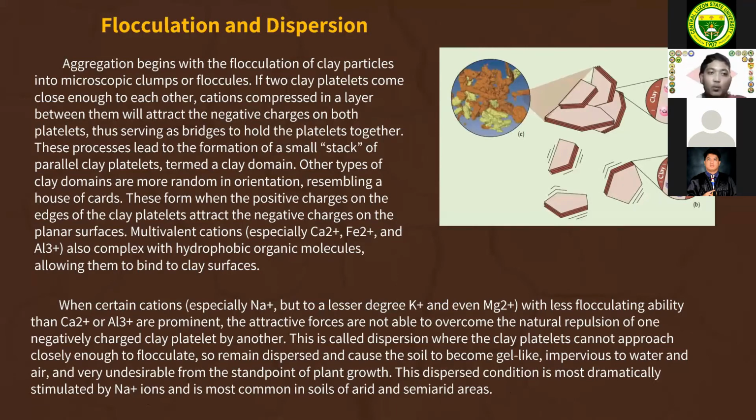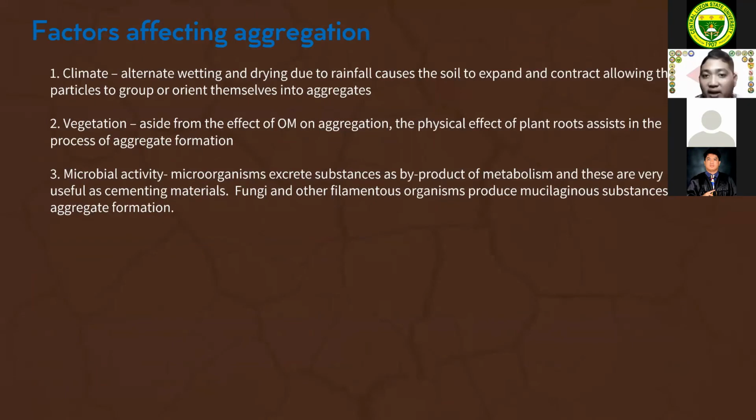And what are the different factors affecting aggregation? So we have climate. Alternate wetting and drying due to rainfall causes the soil to expand and contract, allowing the particles to group or orient themselves into aggregates. So again, di ba yung sa climate, when there is rainfall, magiging hydrated yung soil natin. So tendency, it will swell. Okay?